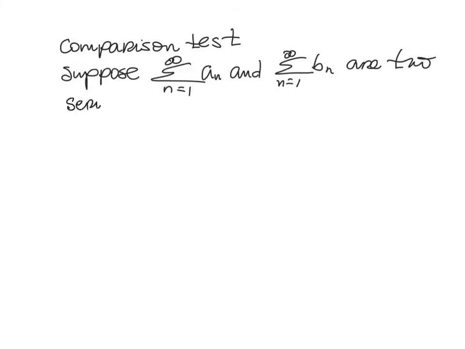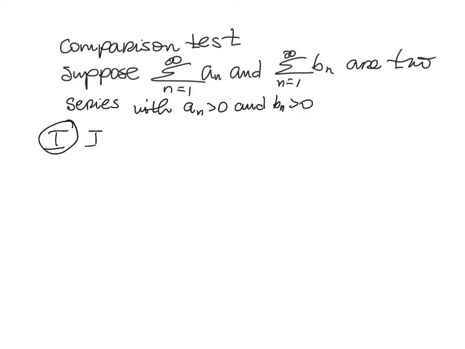And that means a sub n and b sub n are positive. If they start being positive at the 100th term, and then stay positive, that's okay too. So we're going to assume all the terms are positive.